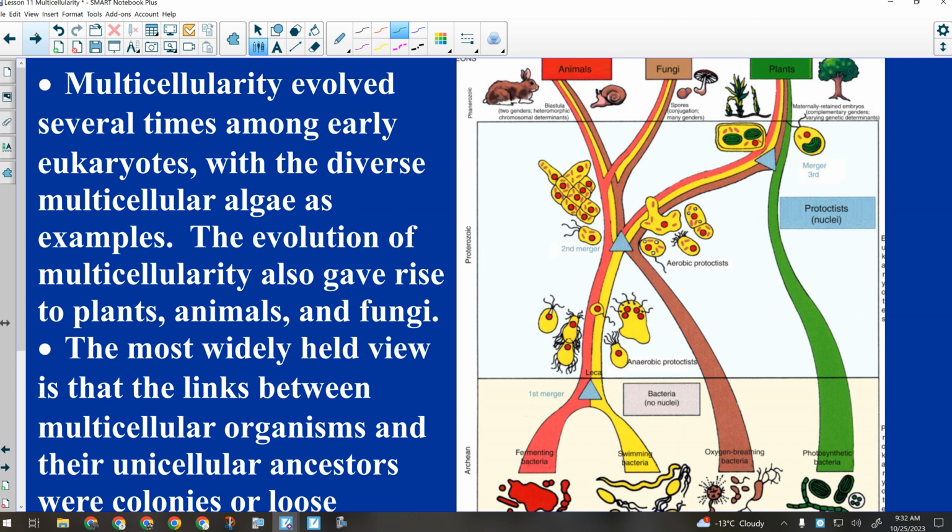There are also, evidently, a few extinct groups that may have also been multicellular, that are a little bit different or offshoots of those. But it actually did evolve separately in 3 different groups.